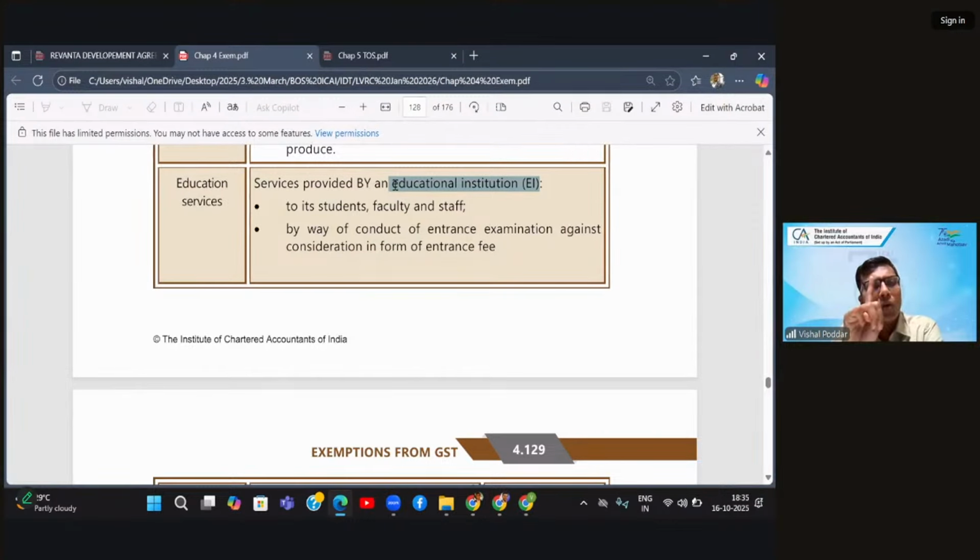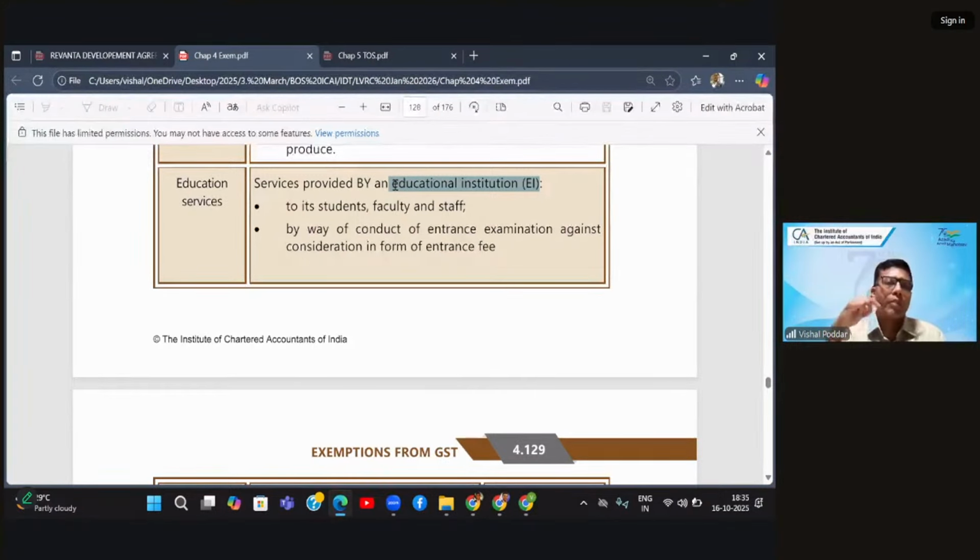First, when you talk about schools, which is up to standard 12, the board is immaterial. So it may be a CBSE board, SSC board, ICSE board, or IGC board, that is international boards. All are eligible for exemption up to standard 12. So up to standard 12, fees even of an international board, that is a school running an international curriculum, is exempt because they are covered in the definition of educational institution.